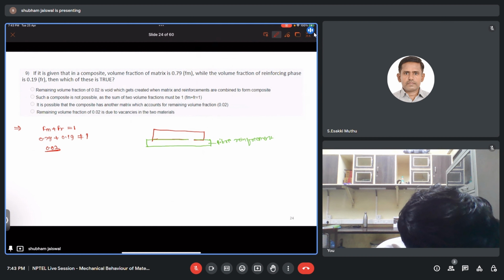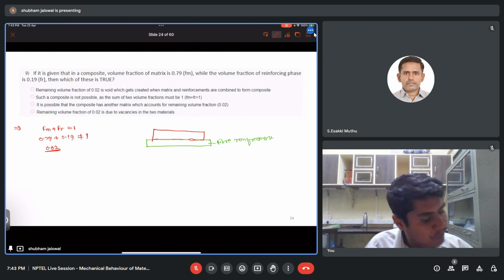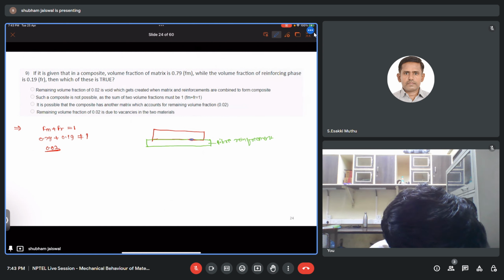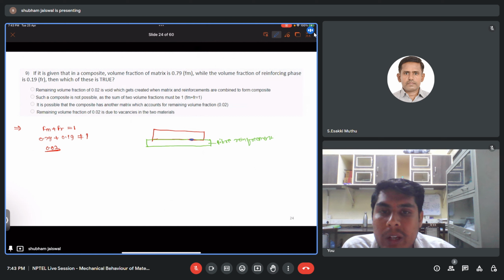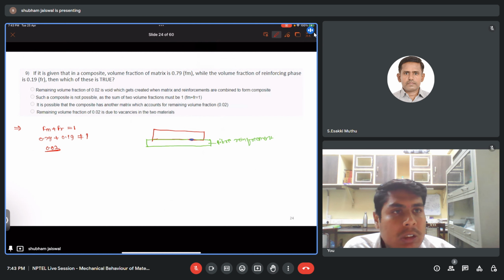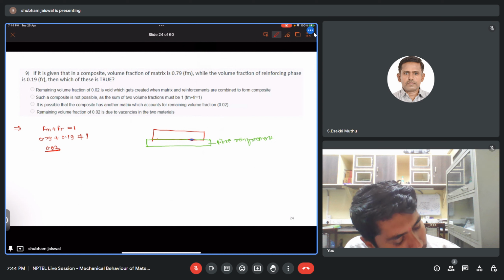They will create voids, and these will have some volume fraction. Now we'll check the options one by one. The remaining volume fraction of 0.02 is a void which gets created when the matrix and reinforcement are combined to form a composite. This case we have already discussed, so this one is correct.